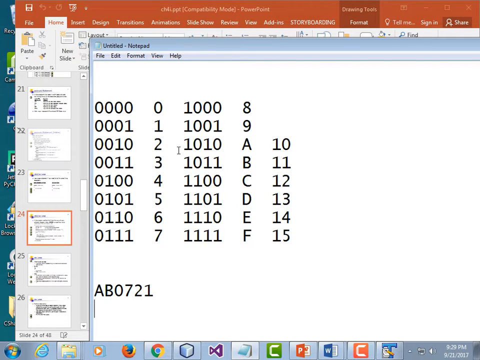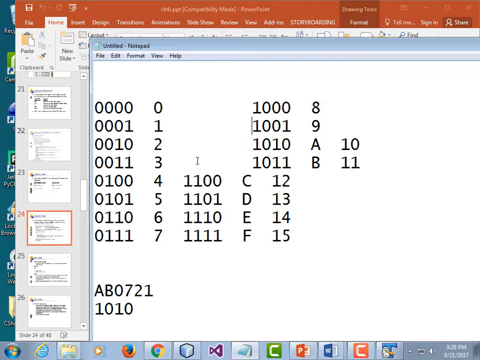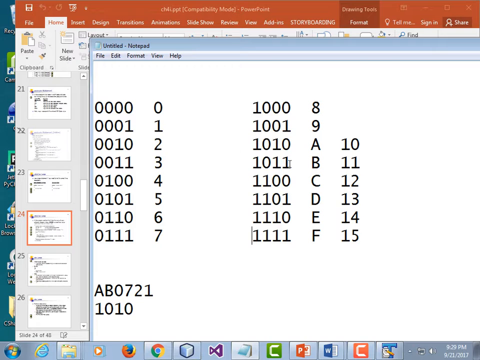An A is a 1010. What's a B? Maybe I shouldn't have taken away my tabs. So a B is a 1011. I'm going to put a space there to make it easier to read. What's a 0? That's the easiest one. What's a 7?